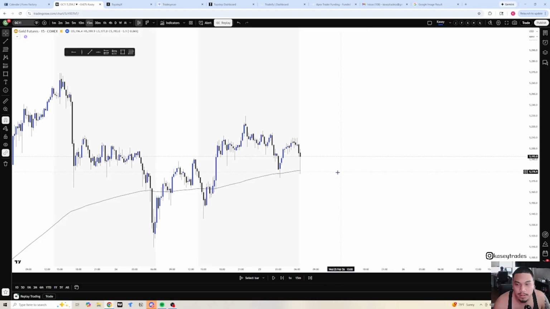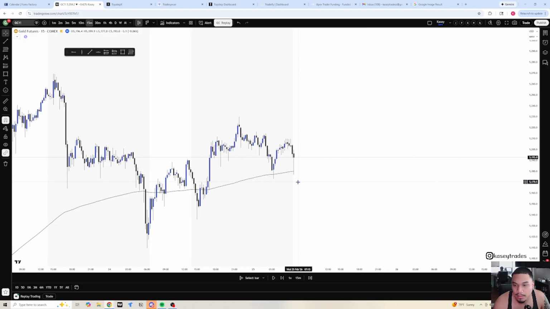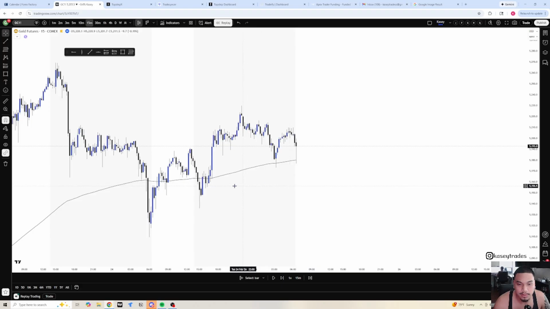So what I saw here was, one, we had a rejection off of this 200 EMA on the 15 minute. This 200 EMA acts as a major support or a major resistance on the higher time frames. As you can see over here, price came down to the 200. It did break through, but then it came back up, and then it tried to break through again, but it couldn't fully break through.